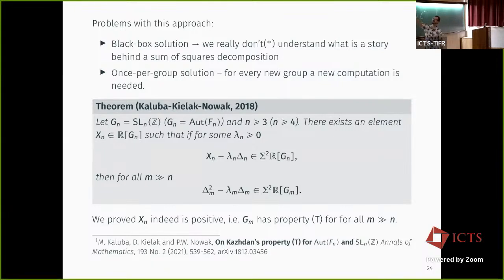Therefore, this statement actually works not only for SL_n(Z), but also for the Steinberg group, because we only use those few relations that are visible in small balls. It's not the standard way you lift property T, but here it is possible.